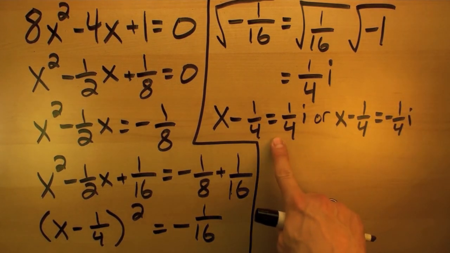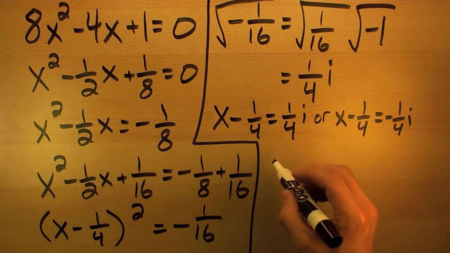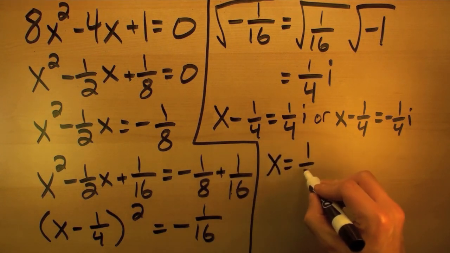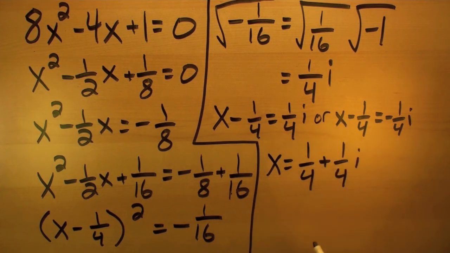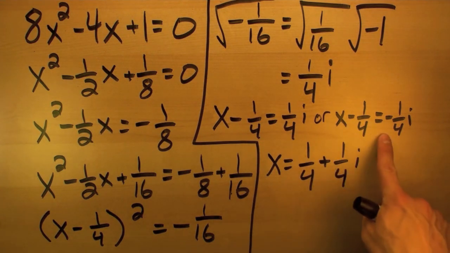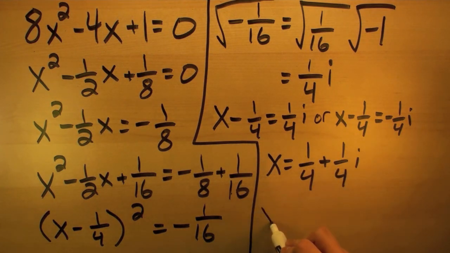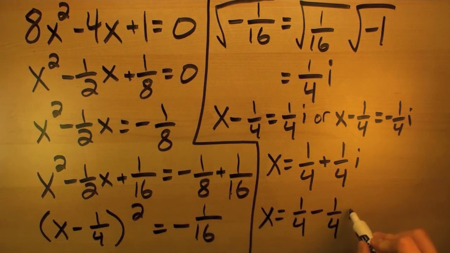So adding 1/4 to the first equation gives us x equals 1/4 plus 1/4 i. And adding 1/4 to the second equation gives us x equals 1/4 minus 1/4 i.